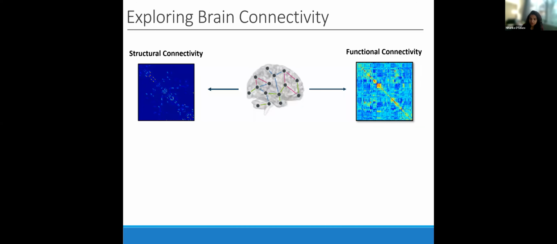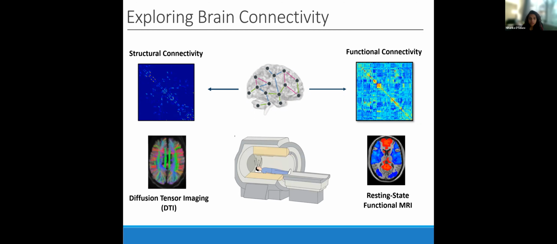Functionally, we can think of the brain as partitioned into a myriad of regional hubs that specialize at complex and sometimes abstract tasks. In this work, we have explored this duality in representation via structural and functional neuroimaging data. These are measured respectively by diffusion tensor imaging and resting state functional MRI acquisitions.